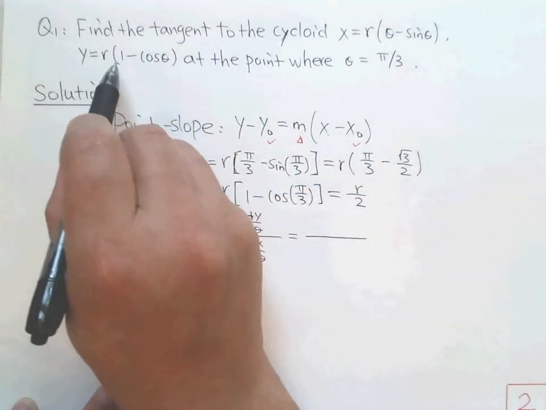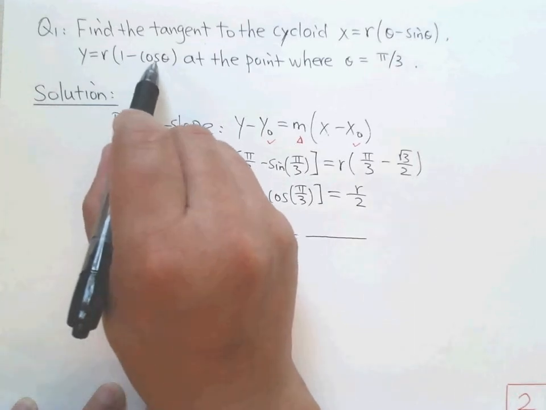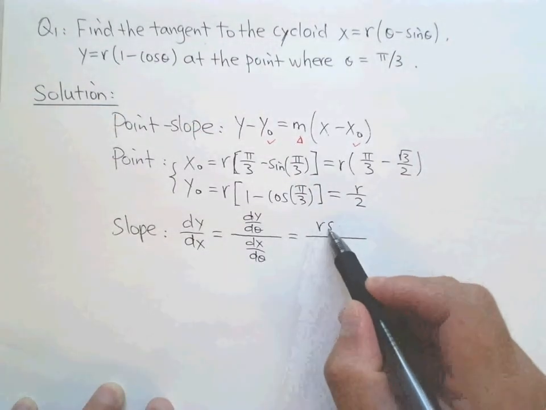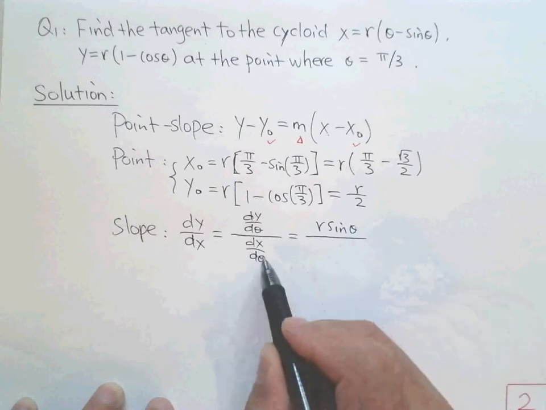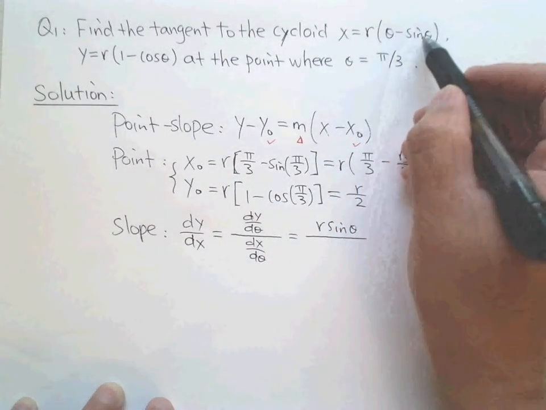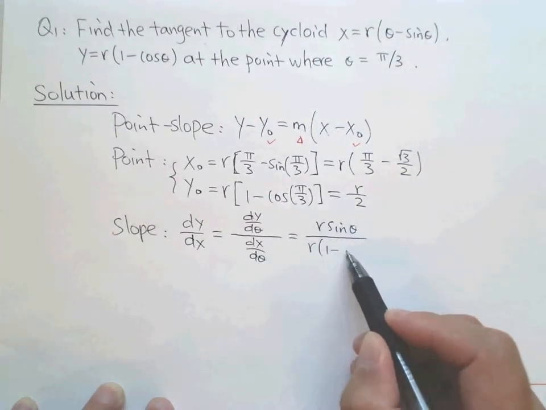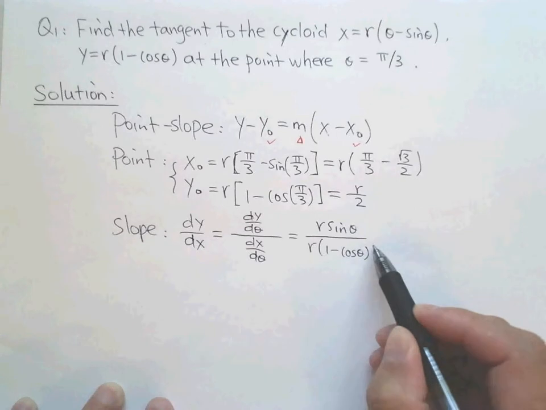Taking the derivative of the first term gives 0. Taking the derivative of the second gives r times sine theta. For dx/d theta, the first term gives 1, and the second gives cosine, so it is r times (1 minus cosine theta).